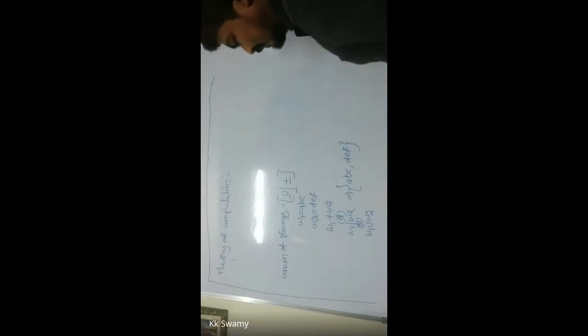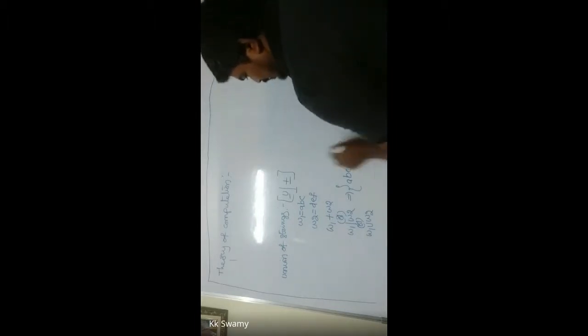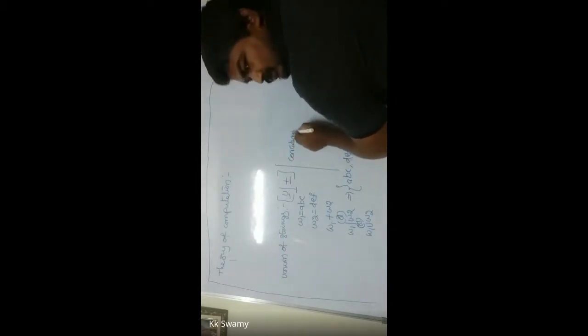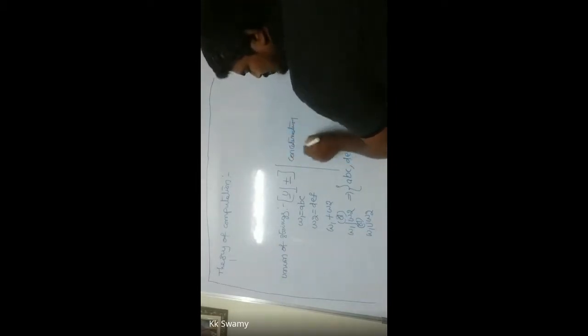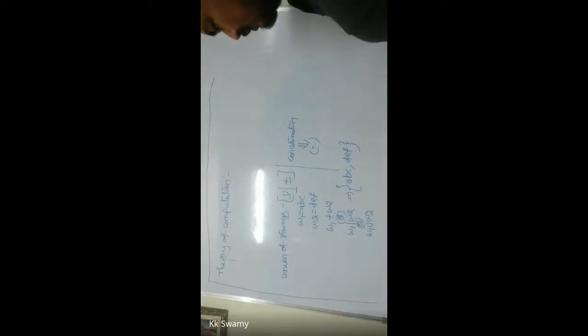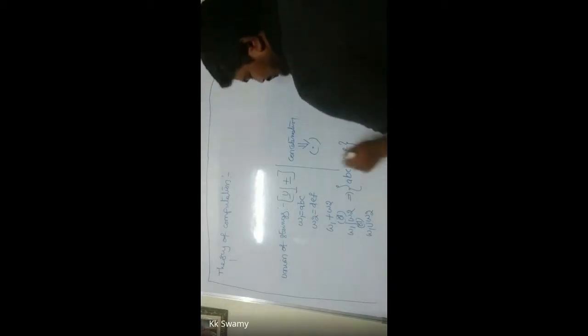But now, what about concatenation? Concatenation is represented by the dot operator. It is called W1 dot W2.